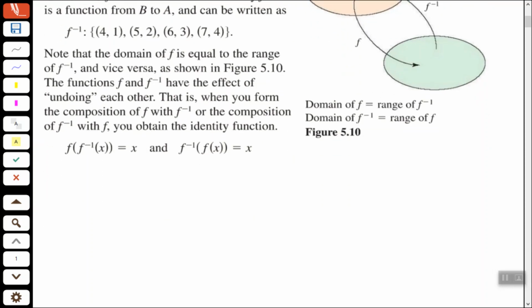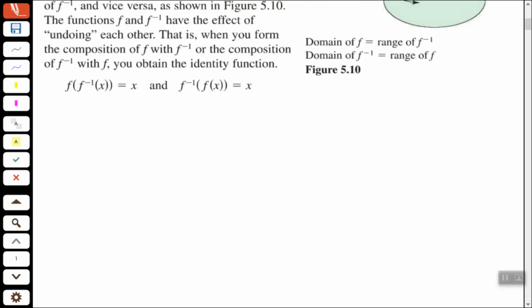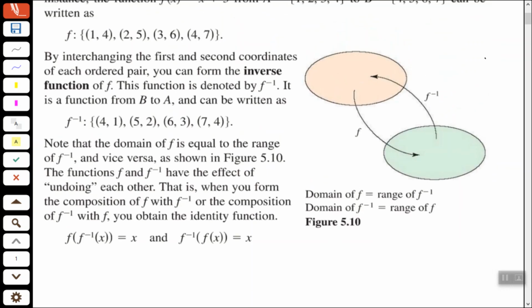When you write the composition of those functions, you would end up with just x. They just undo each other. So again, keep in mind these two tips right here.